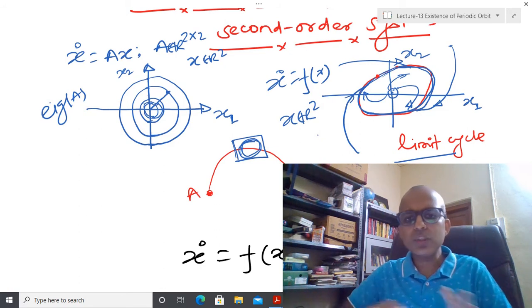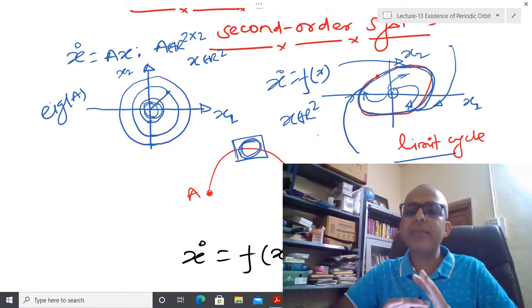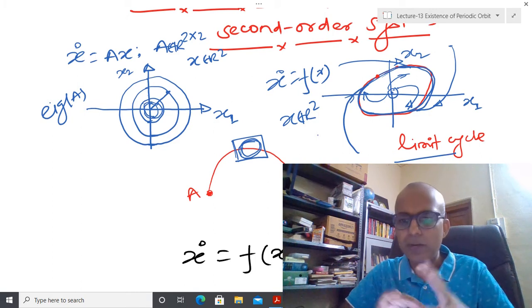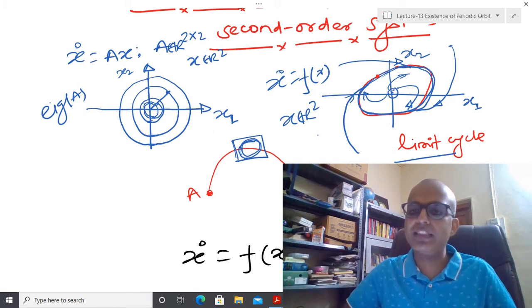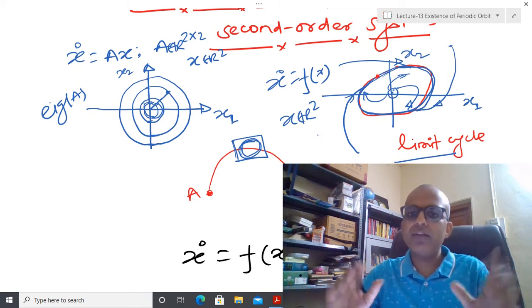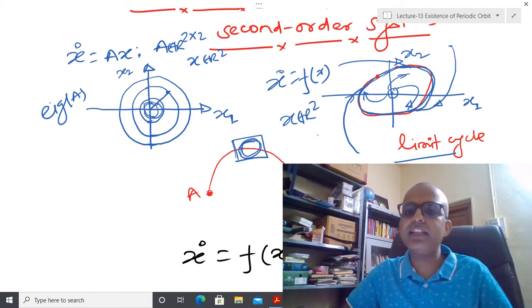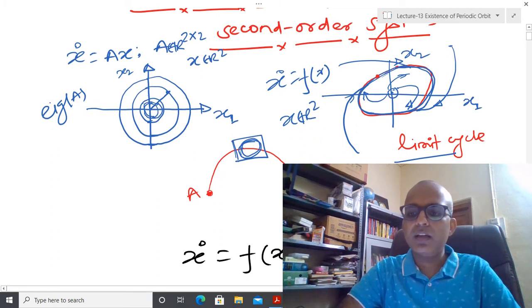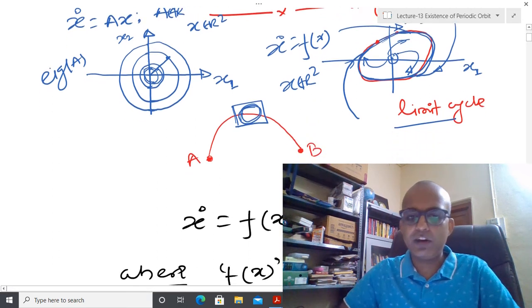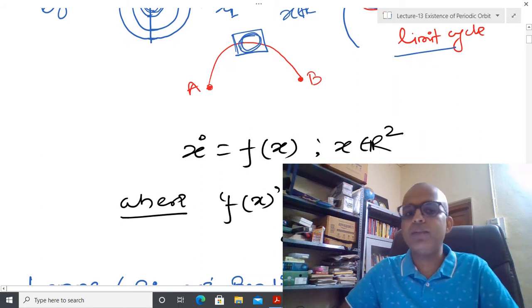Okay, so whenever we are designing some kind of power converter or power system circuit, there also we are trying to avoid this kind of thing. Okay, so whenever you are constructing some kind of circuit, then please see the possibility of a limit cycle. Okay, during the tutorial I will send some examples also, but obviously for second order systems.